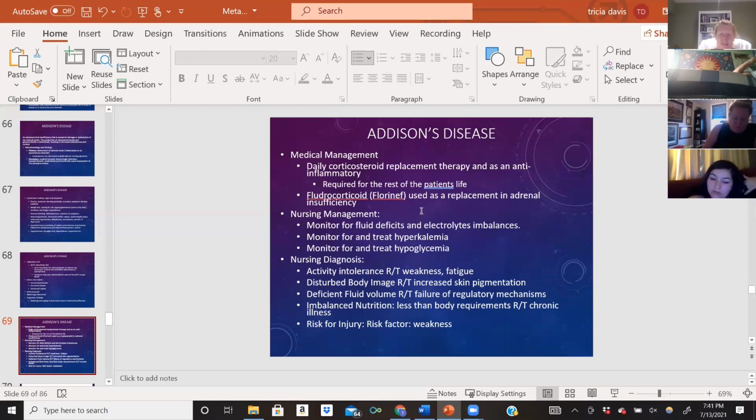Nursing diagnoses: activity intolerance related to weakness and fatigue, disturbed body image related to increased skin pigmentation, deficient fluid volume related to failure of regulatory mechanisms, imbalanced nutrition, less than body requirements related to chronic illness, and then risk for injury, risk factor weakness.